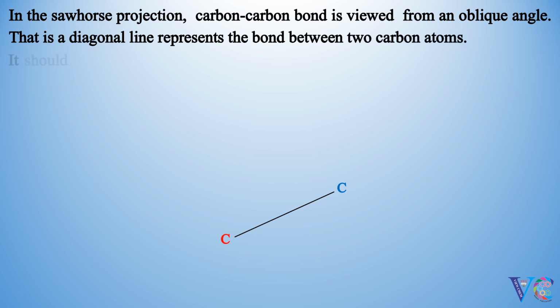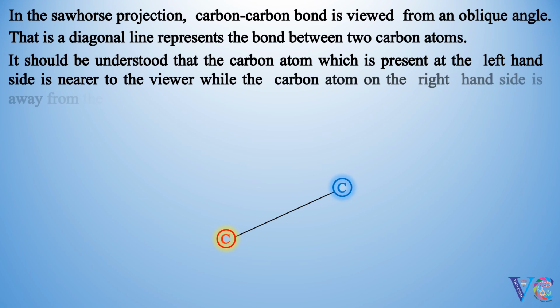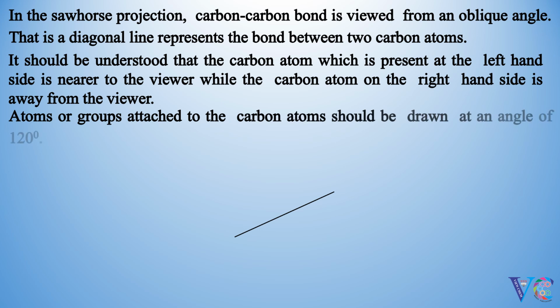It should be understood that the carbon atom, which is present at the left-hand side, is nearer to the viewer, while the carbon atom, on the right-hand side, is away from the viewer. Atoms, or groups attached to the carbon atoms, should be drawn at an angle of 120 degrees.